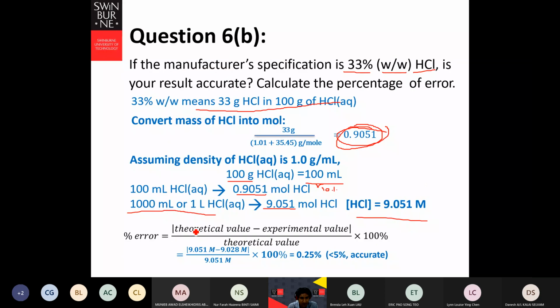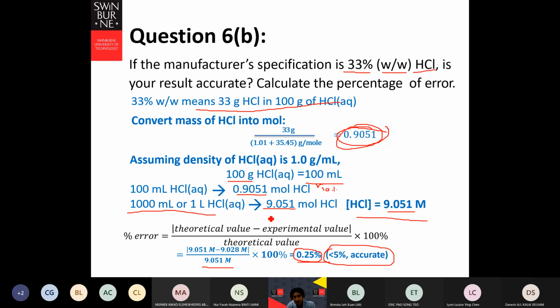The difference is 0.0023 from here, or 9.051 or 9.028, and then we take the theoretical value and multiply by 100%, which is 0.25% actually. The difference from what the manufacturer is saying and what we are getting is 0.25%.